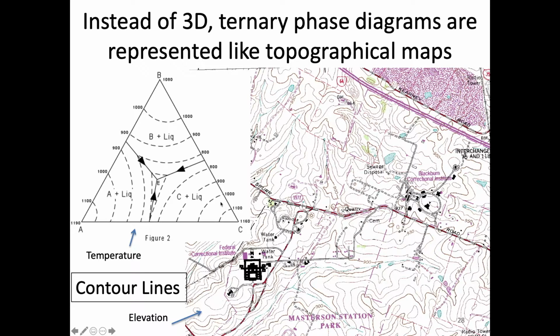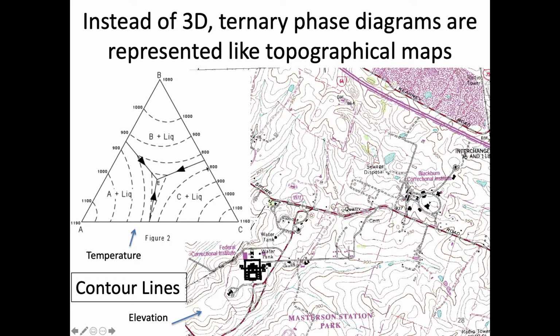And instead of representing that z-axis, we represent that with contour lines, just like you would see on a topographic map, right? So a topographic map shows the elevation of a region. So this one is Masterson Station Park, and those lines show you the height in the z-axis, without actually having to show you it in 3-dimensional space, right?